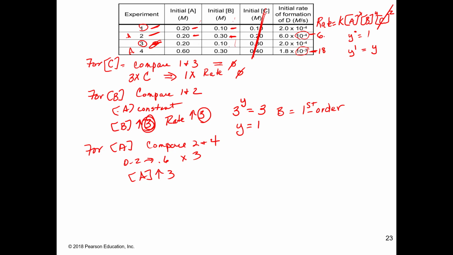But if you divide 18 by 6, you're going to also get 3. So 3 to the x is equal to 3. So x is also 1, and that's also first order for A.